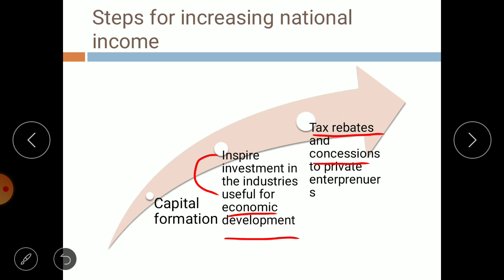We can take an example of Himachal Pradesh. Himachal Pradesh is a zone where tax holidays are provided for 14 years. Till that much time you need not pay a single penny to the government.